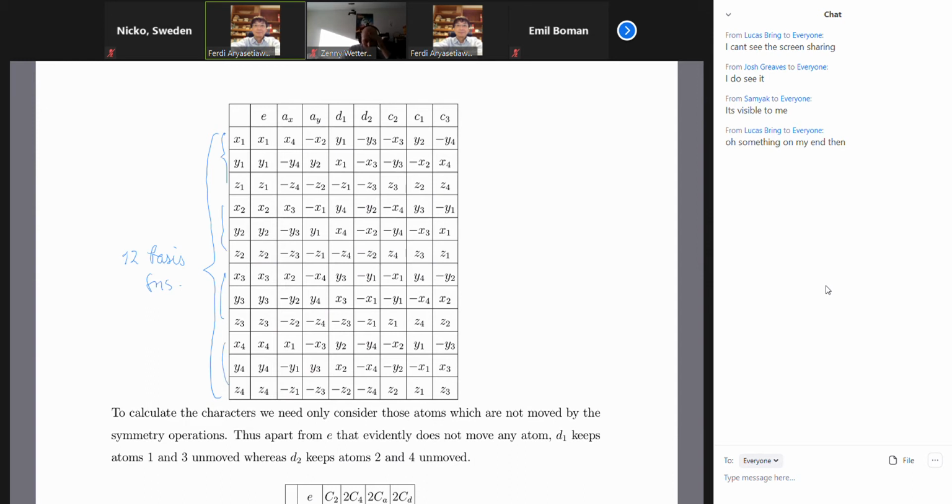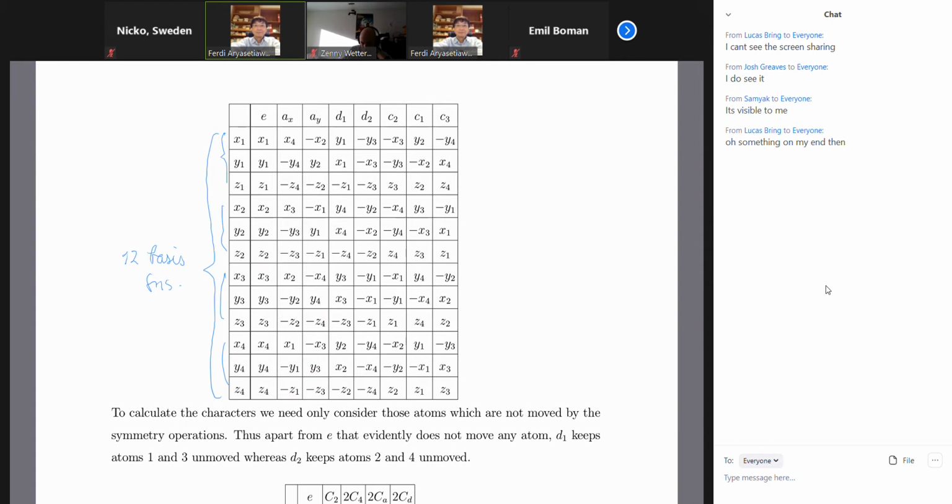And these are the effects. The table describes the effects of the symmetry operations on these basis functions. So now we want to calculate the characters of these 12 by 12 representations. That's quite easy, because we just look at the list and see if the function is reproduced.